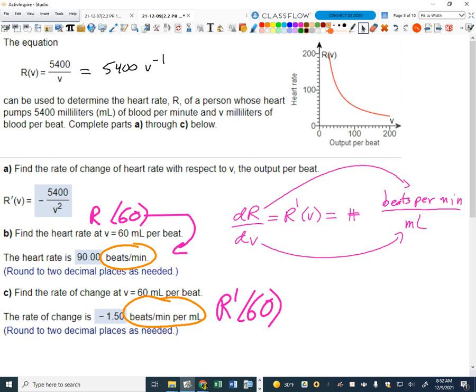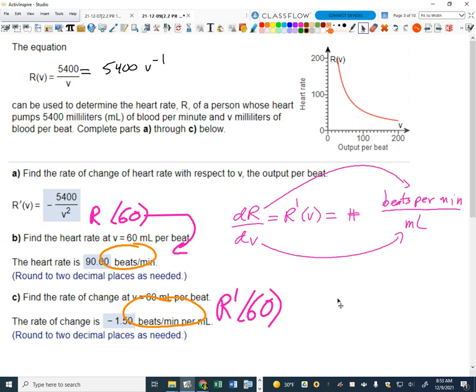Okay, there's a little game you can play with the units here. If R, well, they tell us R is measured in beats per minute, okay? But when we take the derivative, how could we predict what the units are going to be, right? It's R prime of V. Think of it as writing that derivative as a quotient, right?